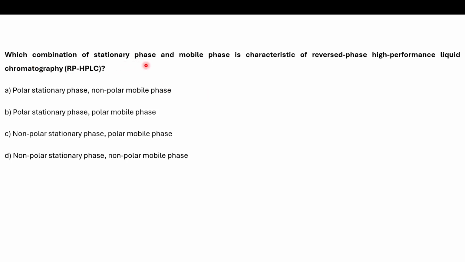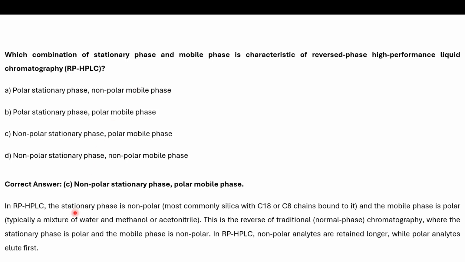Now, which combination of stationary phase and mobile phase is characteristic of reversed phase high performance liquid chromatography, RP-HPLC? It's reverse phase because the phases of the mobile phase and the stationary phase are reversed. In normal HPLC, the stationary phase is polar and the mobile phase is non-polar.